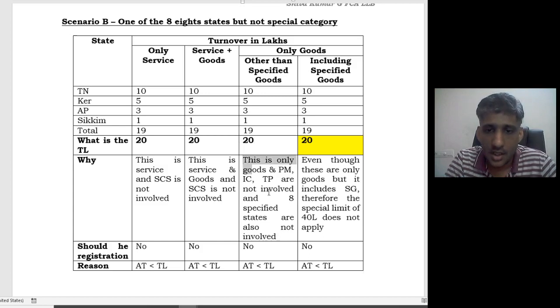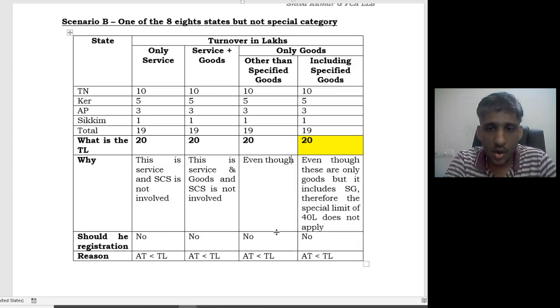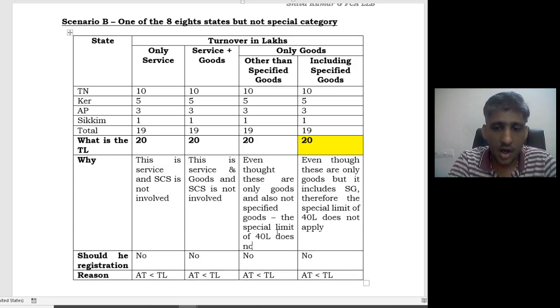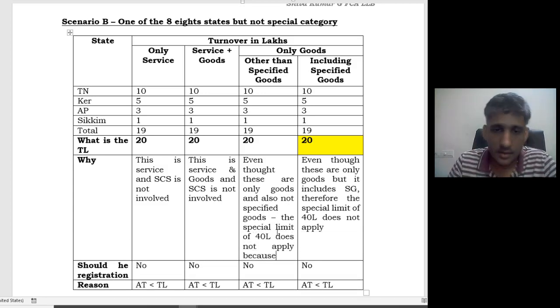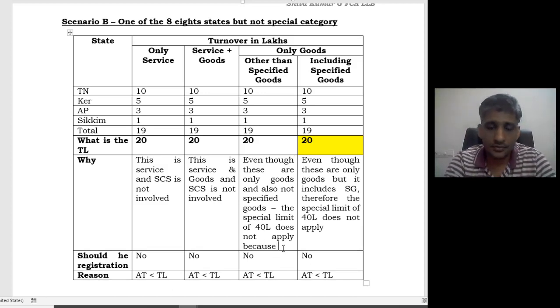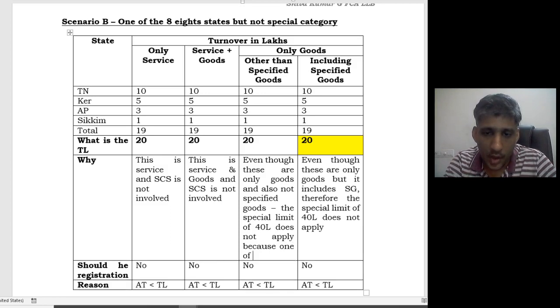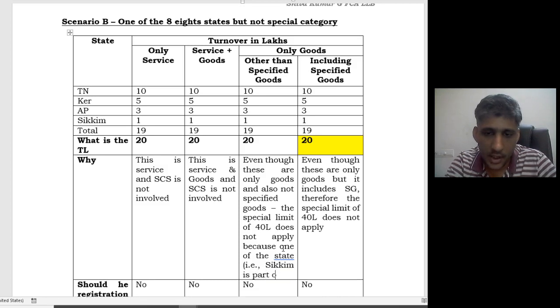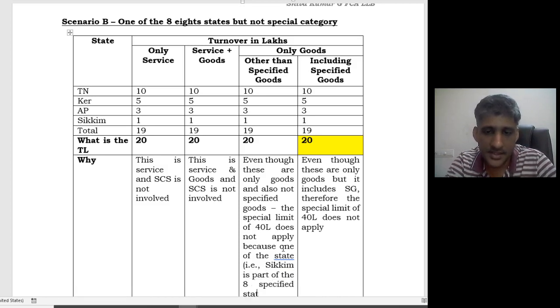Why 20 lakhs? Because even though these are only goods and also not specified goods, they are not tobacco, the special limit of 40 lakhs does not apply, because one of the states, that is Sikkim, is part of the 8 specified states.